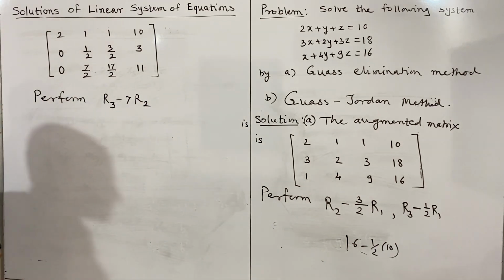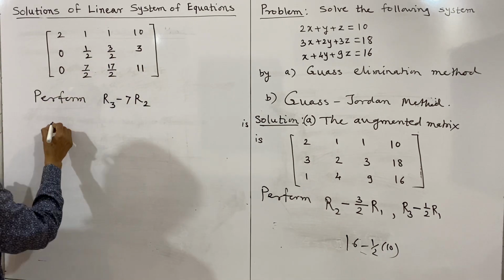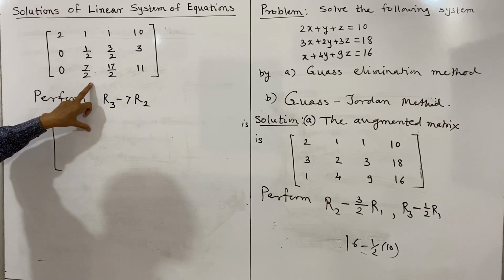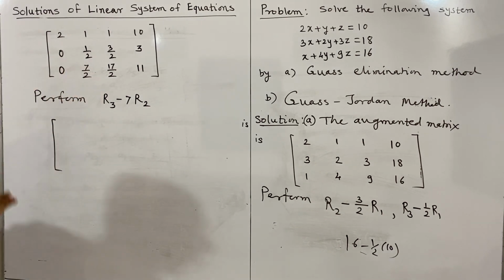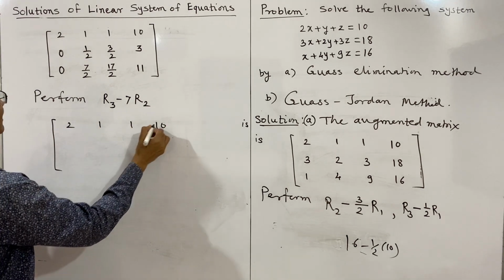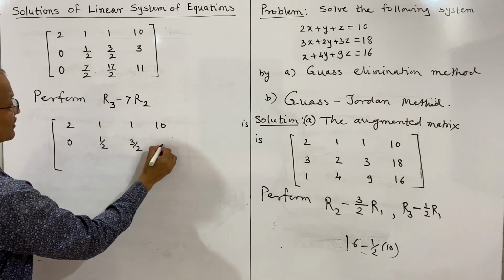This is the transformation to be performed, and we get the augmented matrix; only the third row will change, and the first row and second row will remain as they are. So this is 2, 1, 1 and 10, 0, half, 3 by 2, 3.